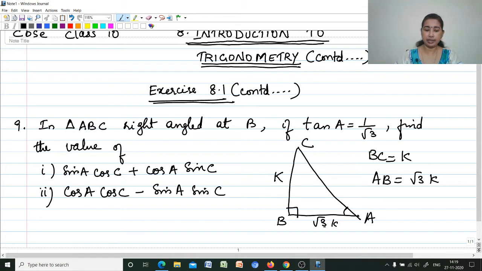Now if one side is root 3K and the other side is K, how can you find out AC? That is by applying the Pythagoras theorem.